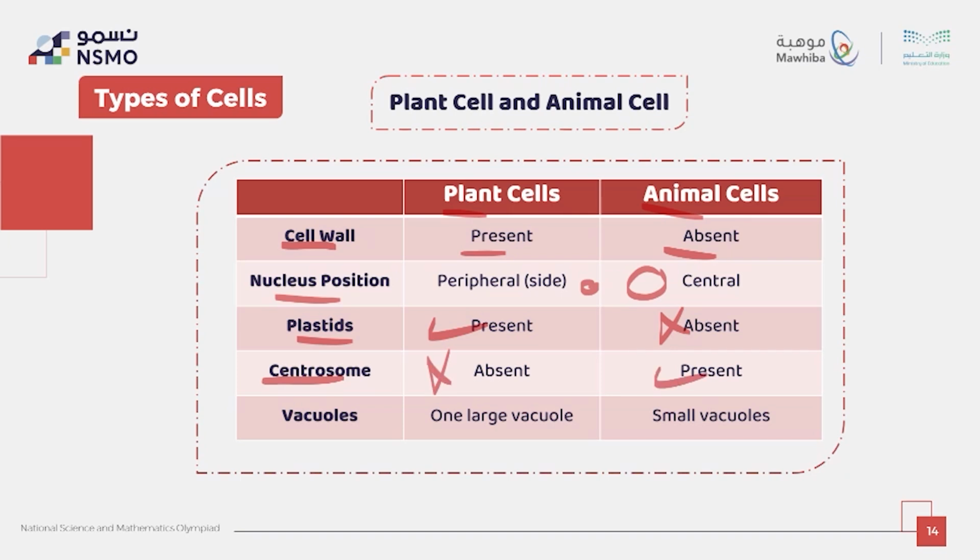Vacuole is large because it stores the food from photosynthesis. In animal cells, if it existed, it would be very small, okay? Because it doesn't store food. If it stores food, it will be a small amount, but it can store waste as we said. So this table helps us clearly see how plant and animal cells differ at the cellular level.